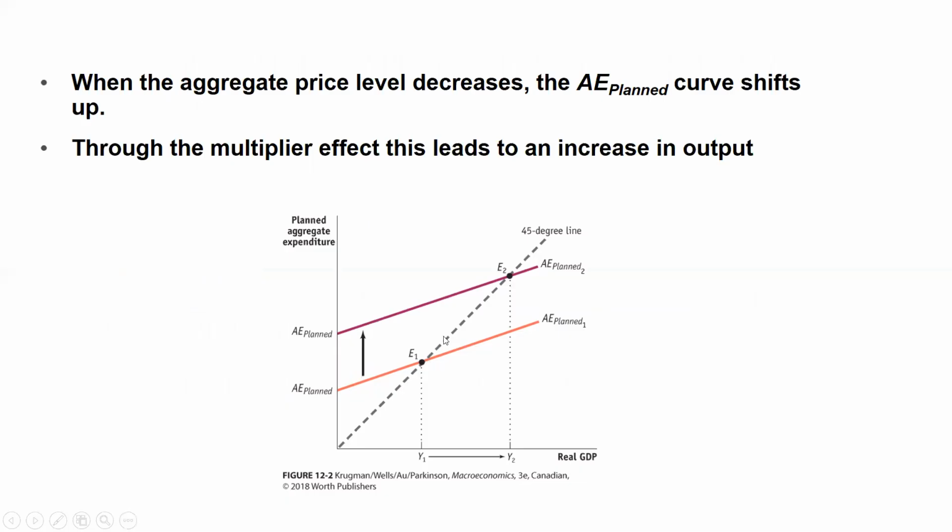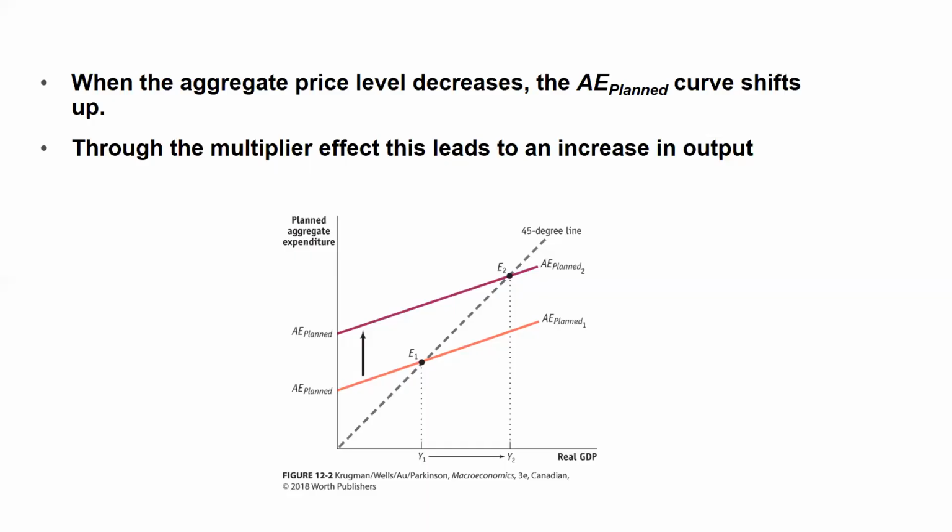That will lead to an increase in planned aggregate expenditure. Now, at the current level of output, aggregate expenditure is bigger than aggregate output, and so output will go up. We have a decrease in inventories. This pushes output up. The new equilibrium is here at a higher level of output, and so this shows that as prices go up, equilibrium output goes down.